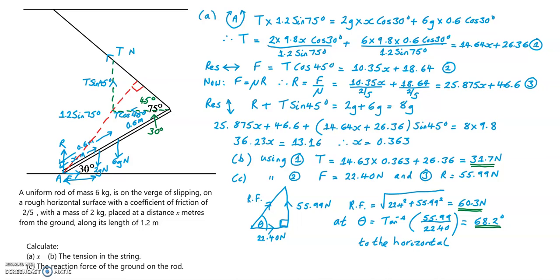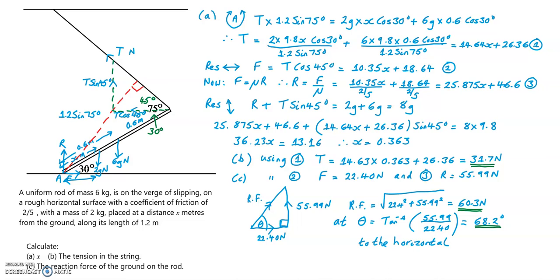Now, resolving the tension in the string horizontally will give T cos 45 acting to the left and T sine 45 acting vertically upwards. I have also denoted the point at which the rod meets the rough horizontal ground as point A.